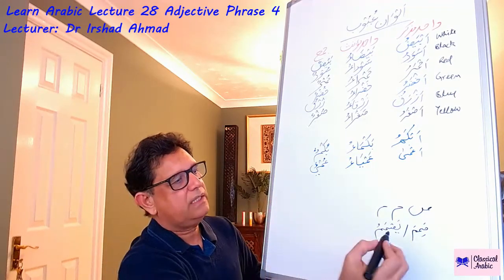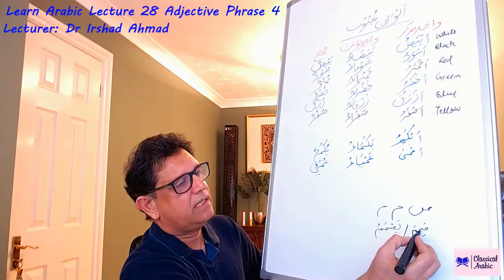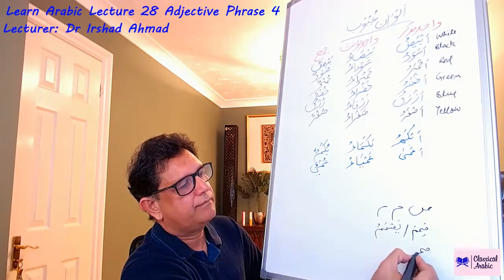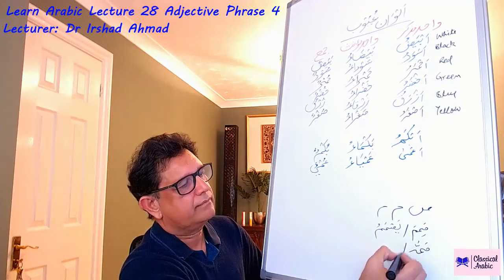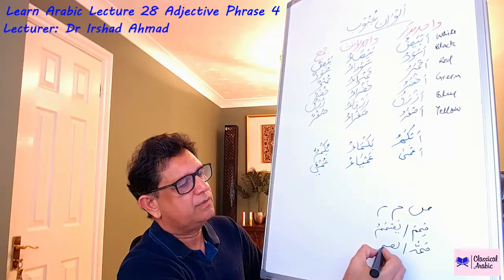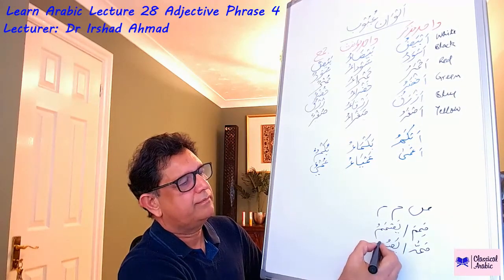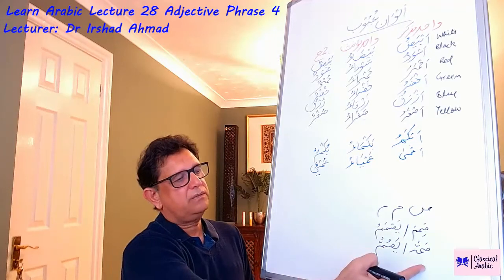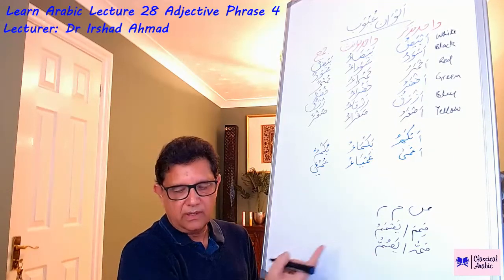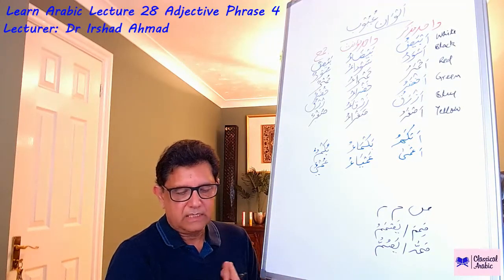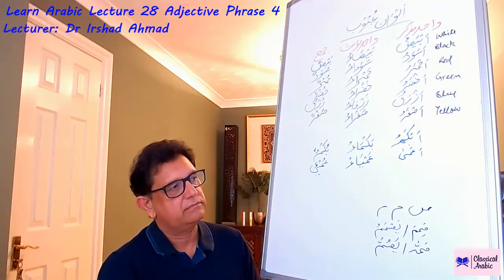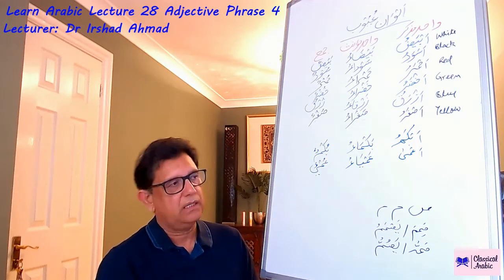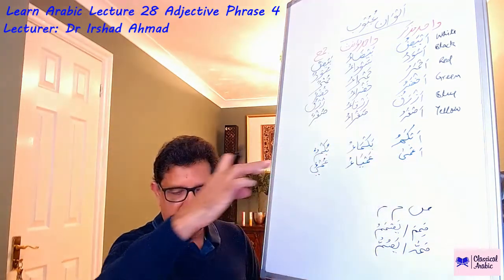There are rules for that. We will study that later on. That will become samma, and that will become yasummu. So we've got Madi samma and yasummu, which basically means deaf, who can't hear.